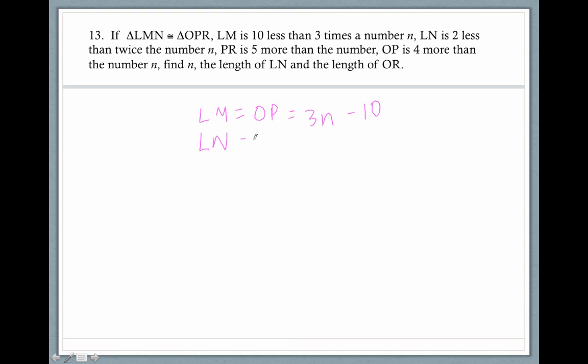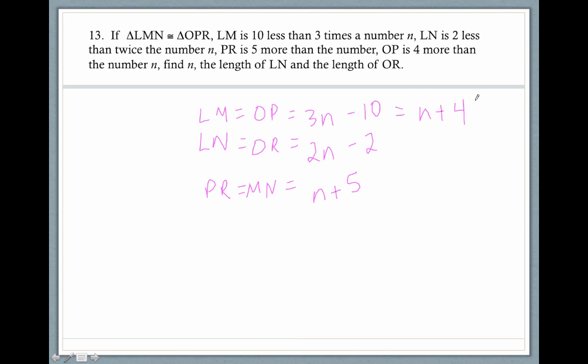LN, which is also OR, is 2 less than twice N. And PR, which is MN, is 5 more than the number. OP is 4 more than N. And we want to find LN and OR.